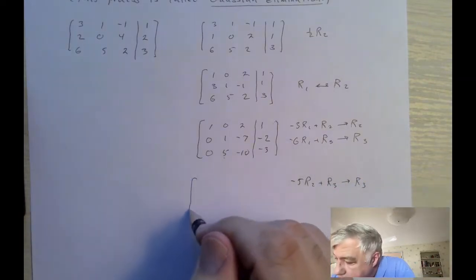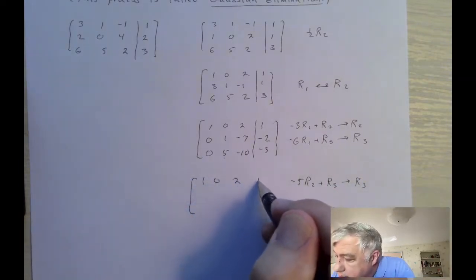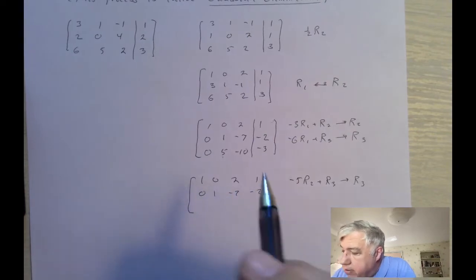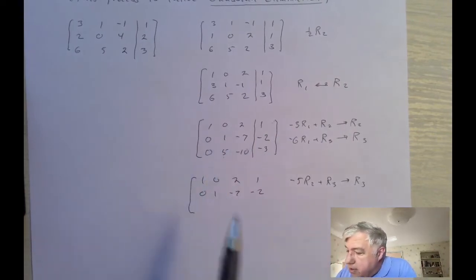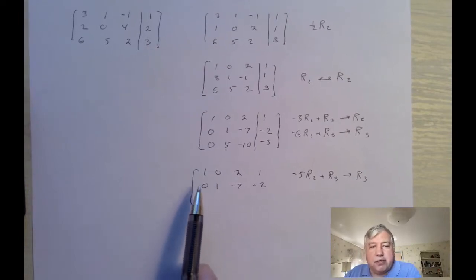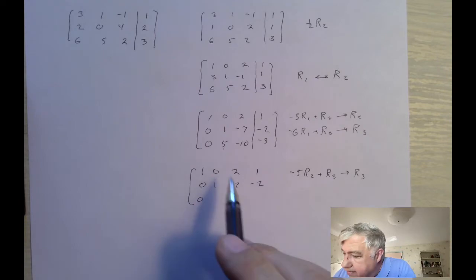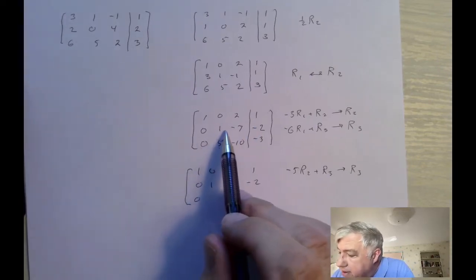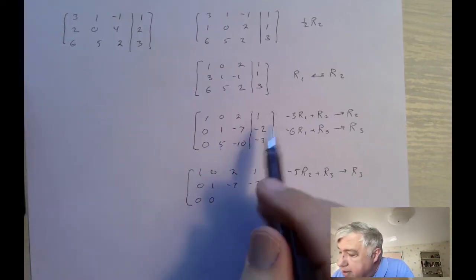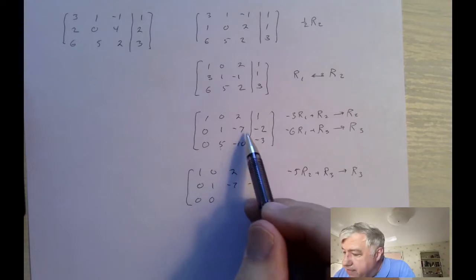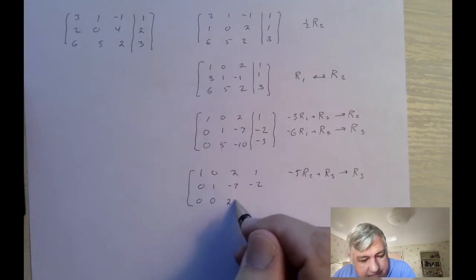The nice thing is it gets a little easier because these are just zeros here. So 0 plus 0 is 0. Negative 5 plus 5 is 0. Negative 5 times negative 7 is 35. 35 minus 10 is 25.